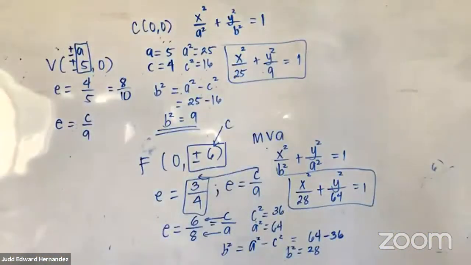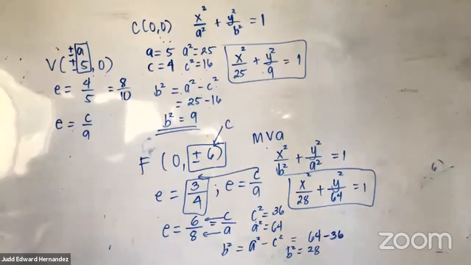Okay, any more questions? So that is how we solve for the equation of an ellipse if you are given the eccentricity. Okay, any more questions? None po.